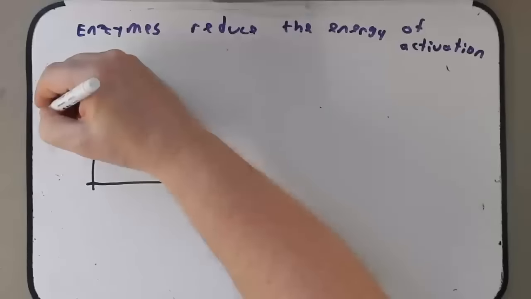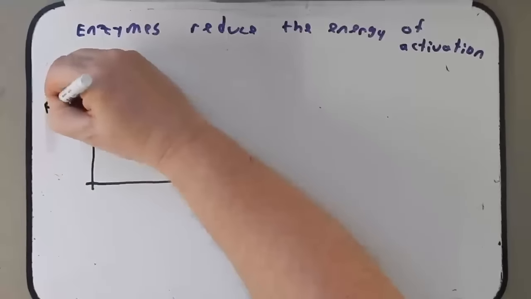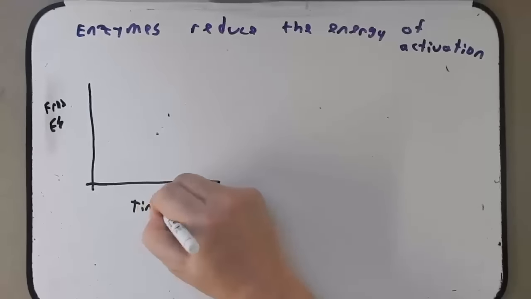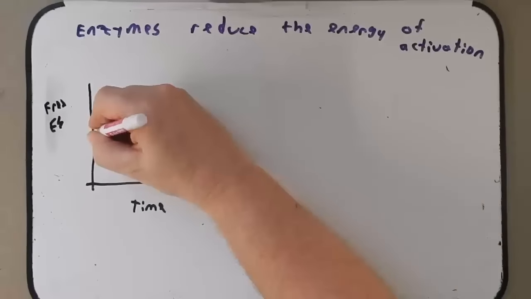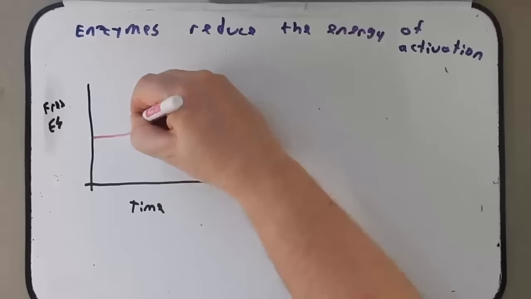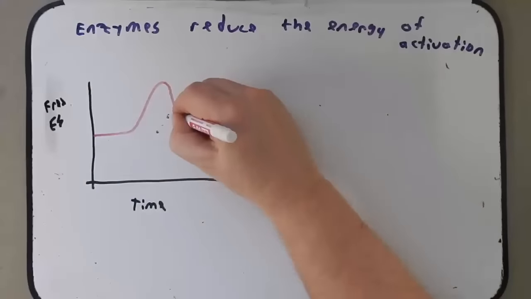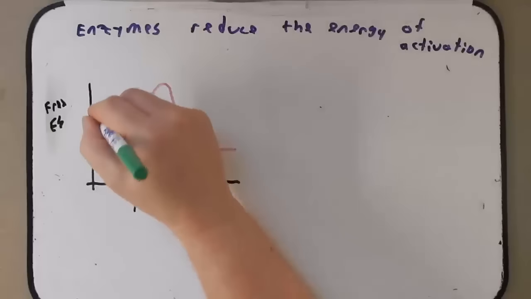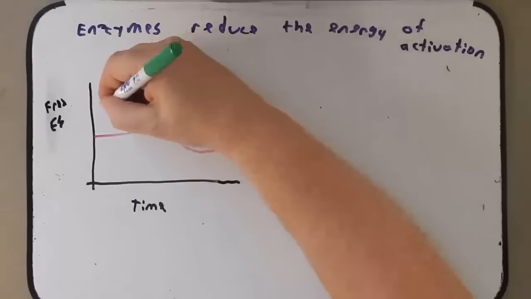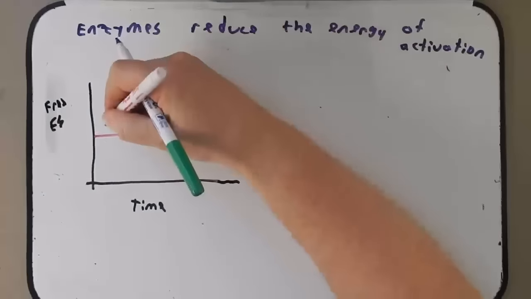On this vertical axis, we have free energy, and down here we have time. And we can draw our curve like so. And we can use our same terms that we had on the previous slide, where we had glucose and ATP over here.